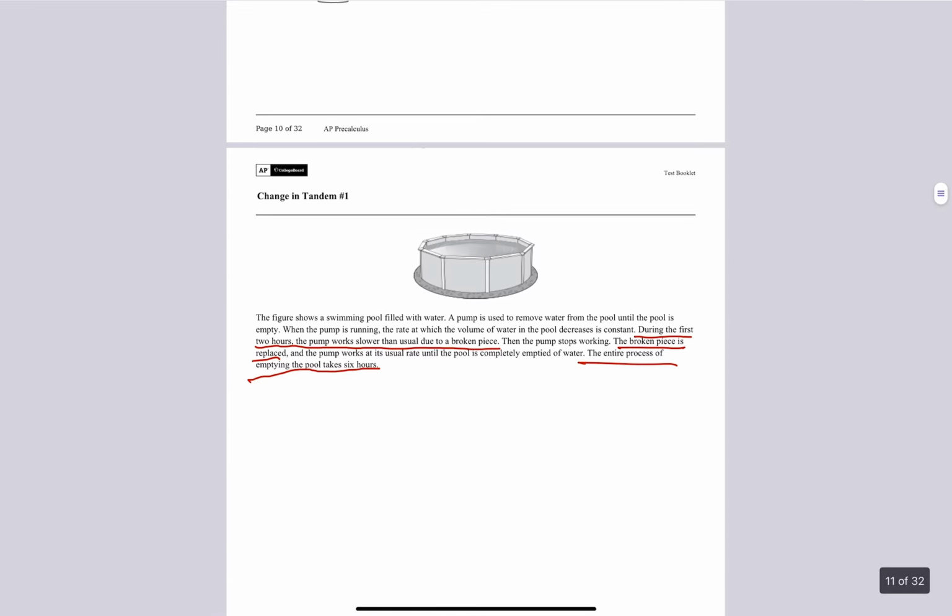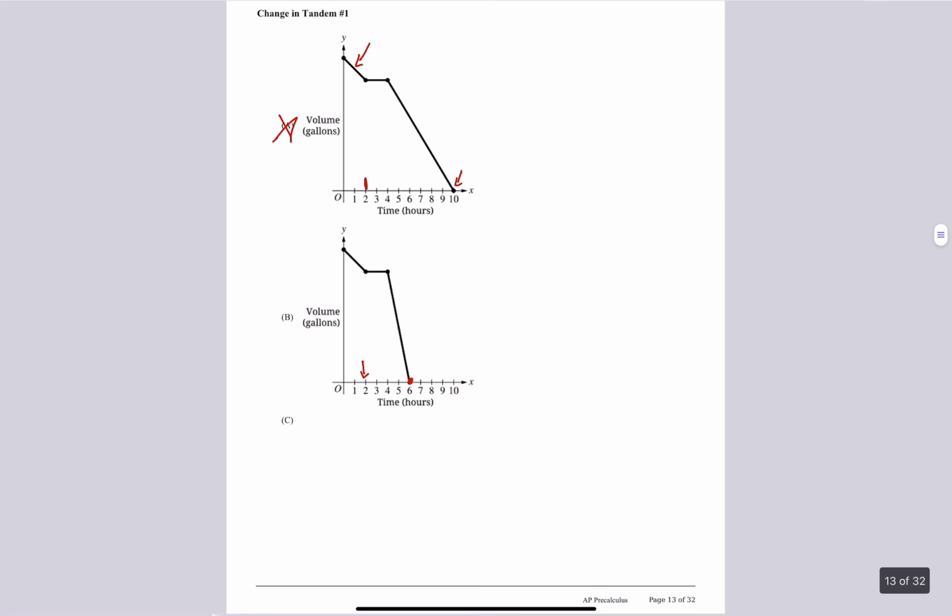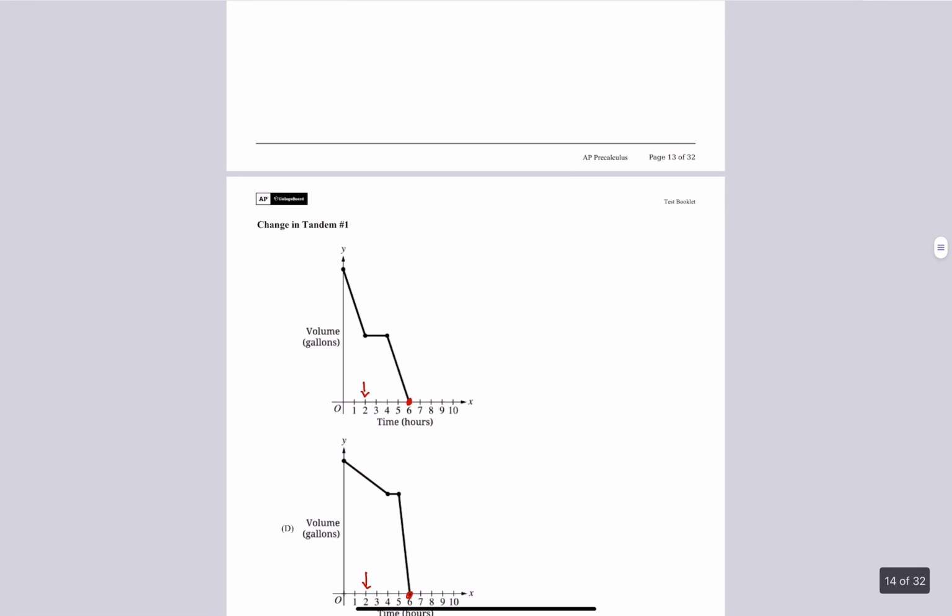And they also mention that during the first 2 hours, this is slower than this, right? Then it gets fixed.